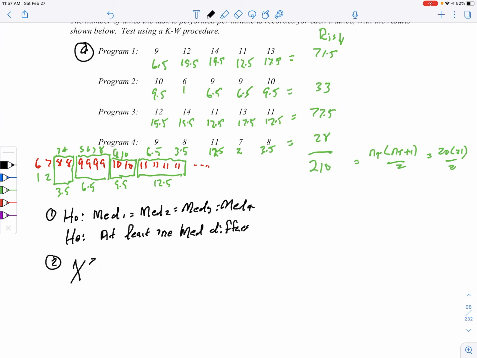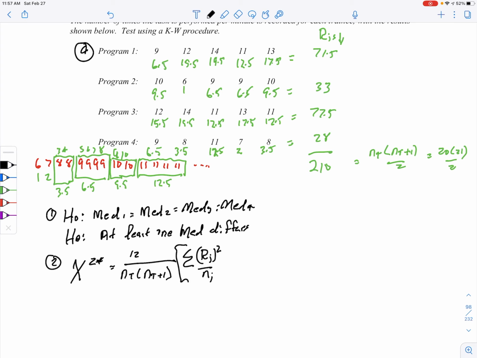Step number 2 is where you have that goofy kind of formula here, which looks like this. It's been a while since I've actually done one of these. So it's 12 over NT times NT plus 1, and then times the sum of the RJ squares over their NJ.